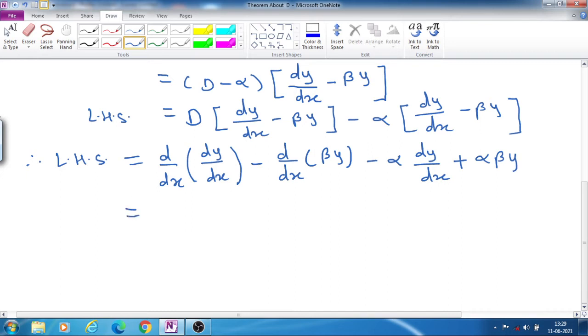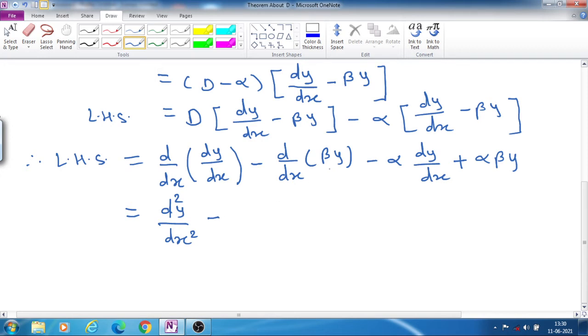So this is equal to, now d by dx of dy by dx, the derivative of dy by dx with respect to x, is the second derivative d2y by dx square, minus d by dx of beta into y.